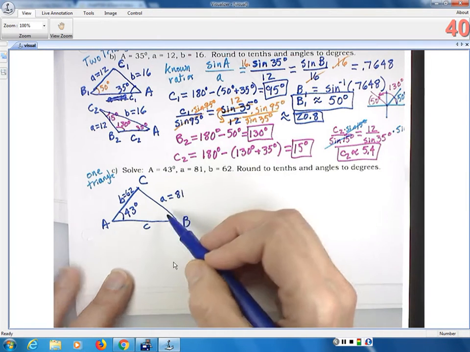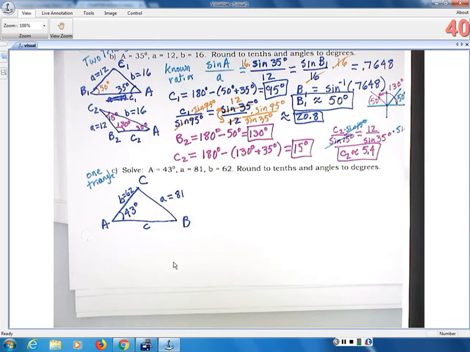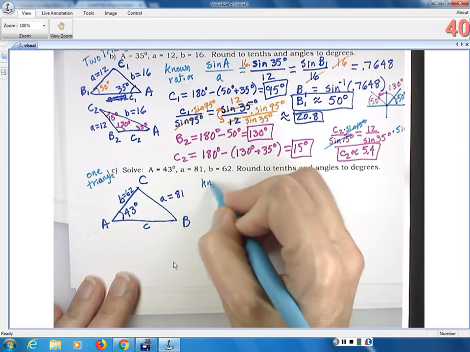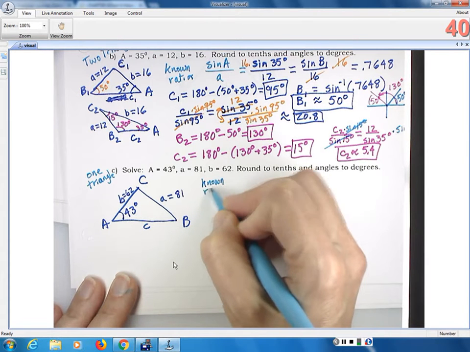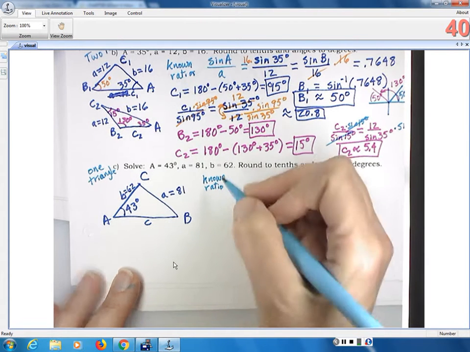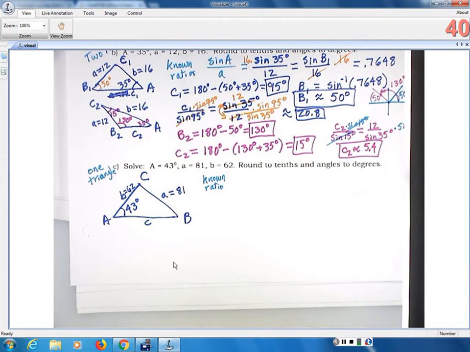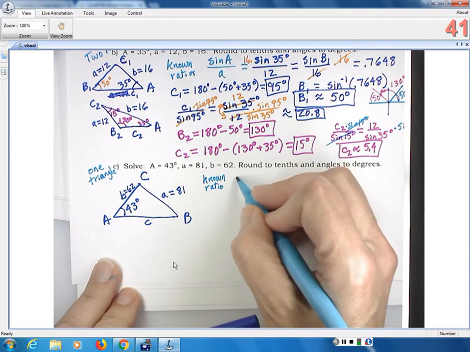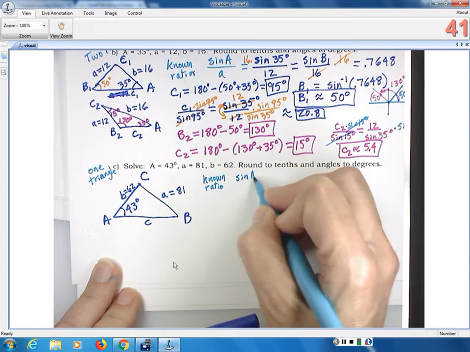So our known ratio, we always have a known ratio on these. Anytime we're given two sides and an angle, we've got to find another angle first. I'm going to write it as sine of A over a.